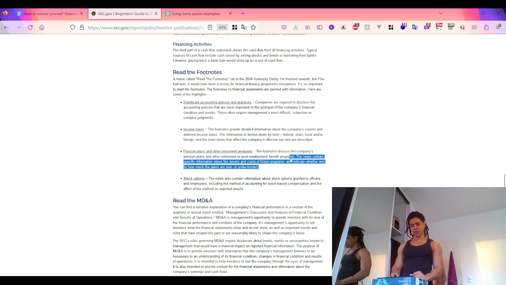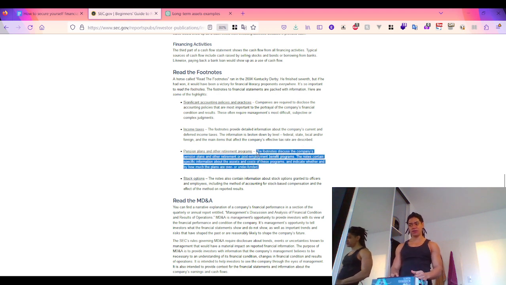Something very important, especially if you're working for a company that has a pension plan or other retirement programs, is to see in a much more detailed way the assets and the cost of these programs, and whether and by how much the plans are overfunded or underfunded.